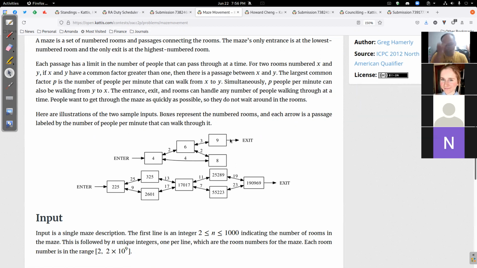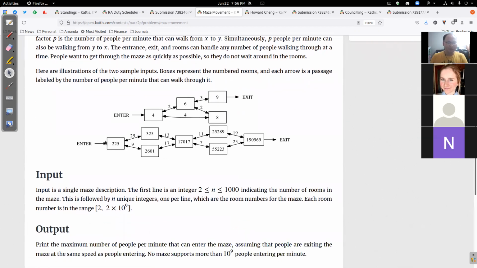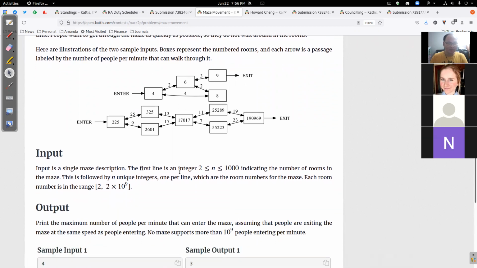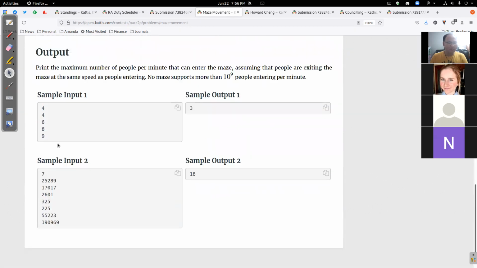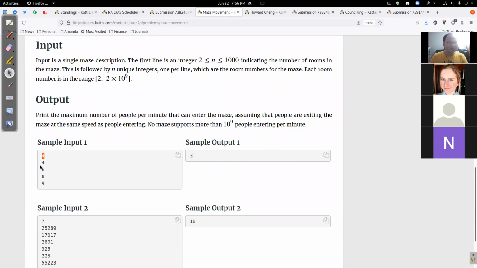So that's exactly network flow. They give you a more complicated graph, but it doesn't really matter. The input is the number of rooms and then the labels of the rooms.